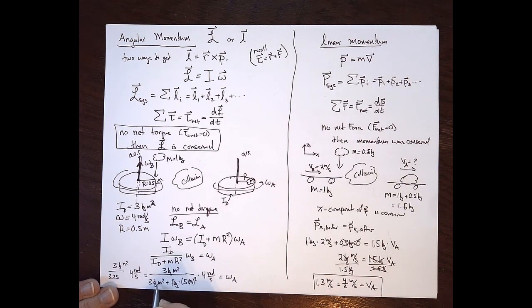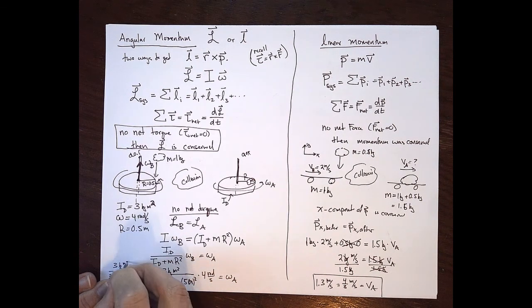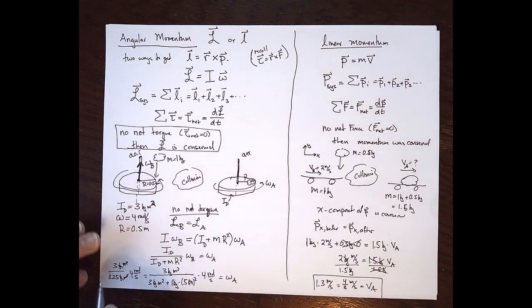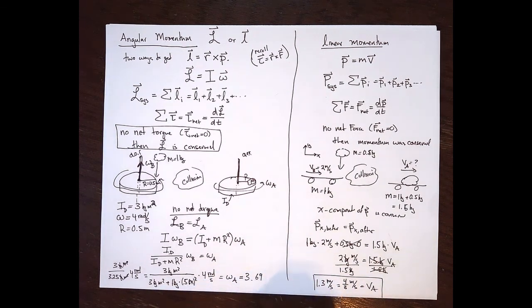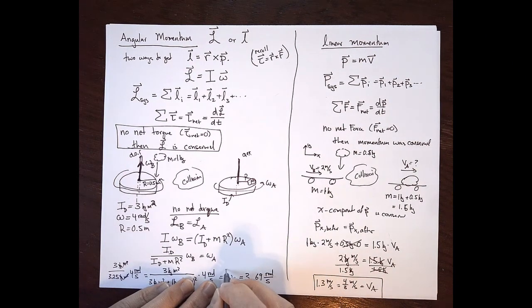The units will be kilograms meters squared, good. So kilograms meters squared, those units will cancel out. We'll have 3 over 3.25 times 4. Plugging that into our calculator, we'll get 3.69, and the units will be radians per second. And that'll be our new speed.